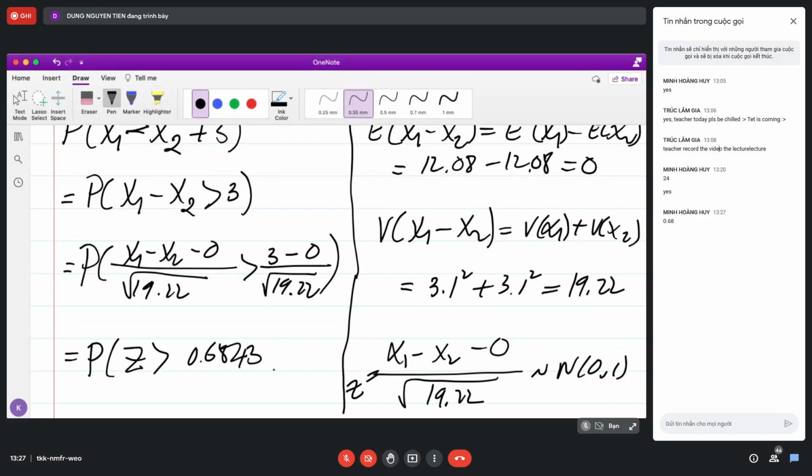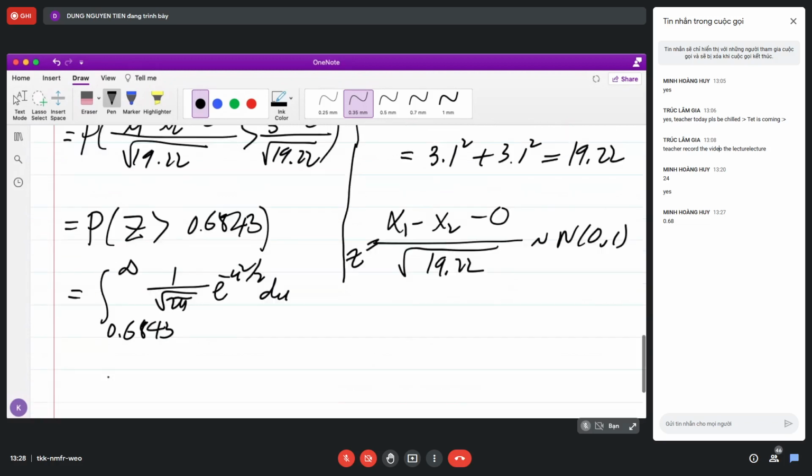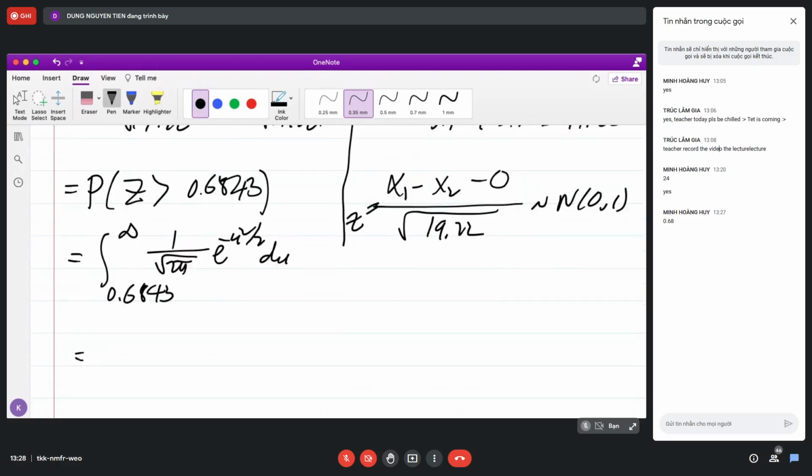And then I want to use the calculator to get the answer: the integral from 0.6843 to infinity of 1 over square root of 2 pi times e to the minus u squared over 2 du. And then what is the answer you can get here?